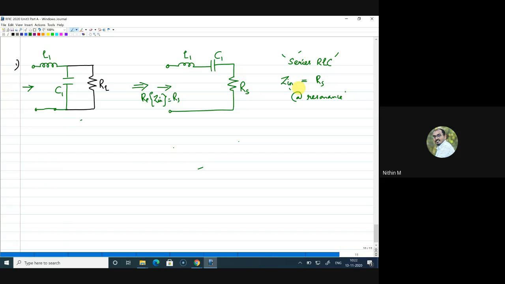And when in resonance, the resistance will be pure, or real. Is that point clear? Let me ask Saurabh and Nikhil, because they have raised this question. Saurabh, did you get clarity on that? What I was trying to say?